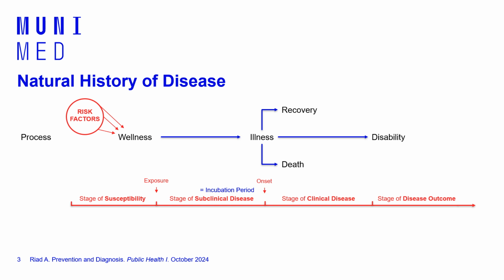The diseases that are transmitted by pathogens or infectious microorganisms are the ones to which we can apply the concept of incubation period and calculate it in very specific measurements.